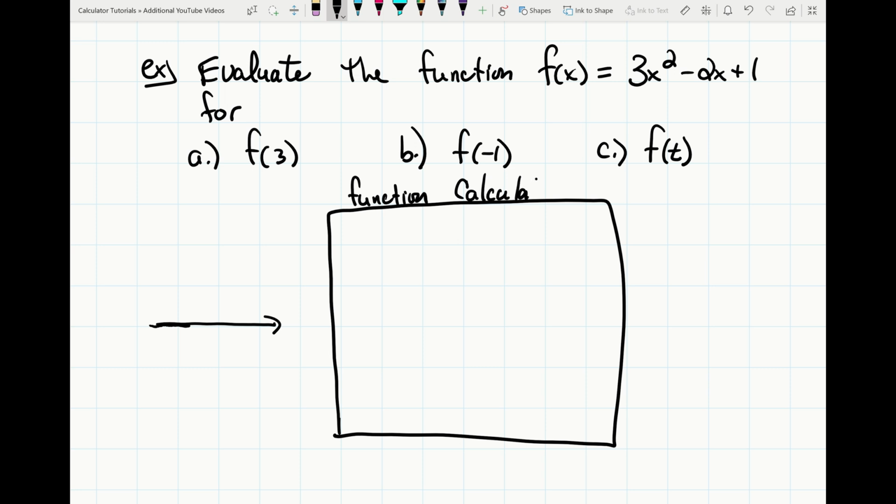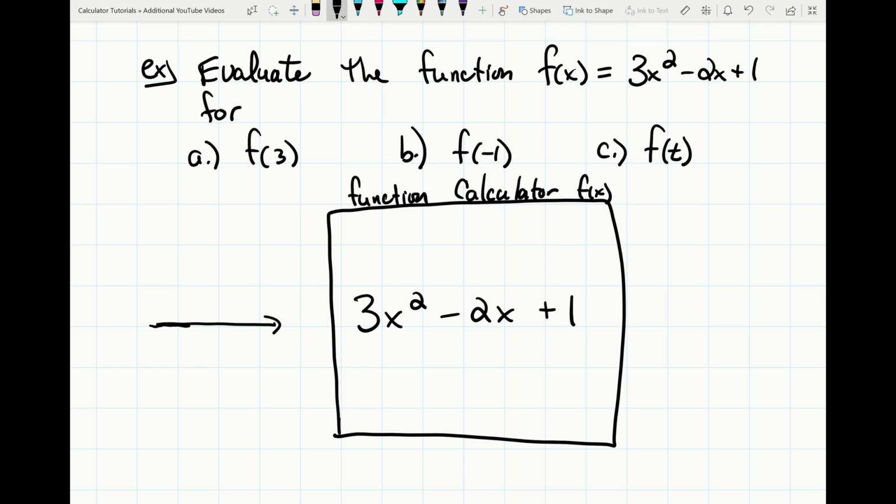Now, unfortunately for us, this calculator only knows how to do one thing. And what it knows how to do is f of x, and we have defined f of x as 3x to the second minus 2x plus 1.